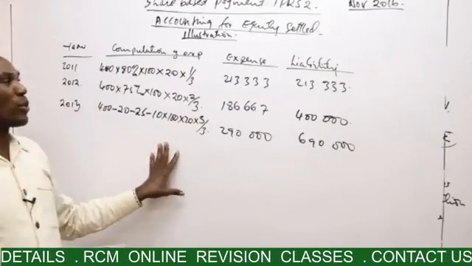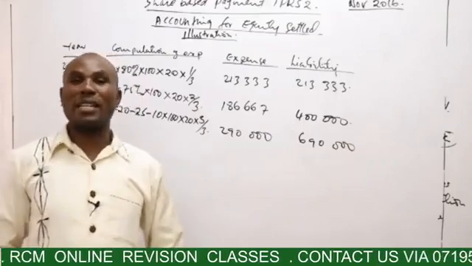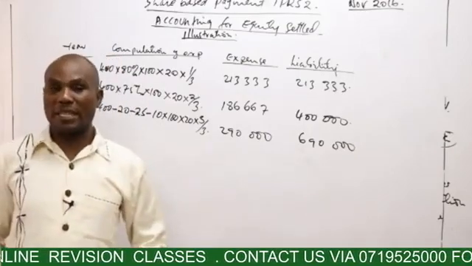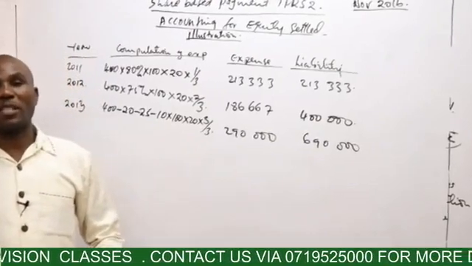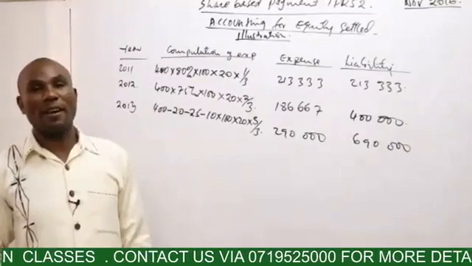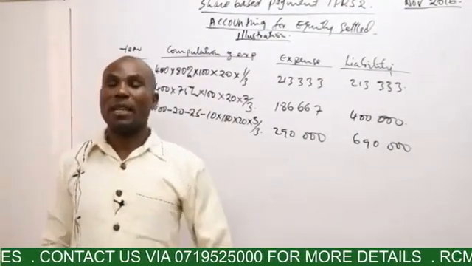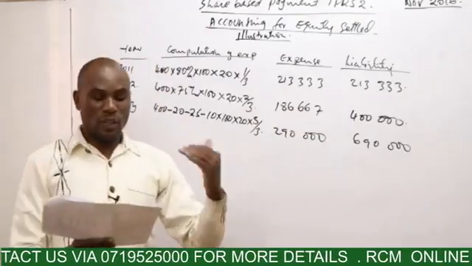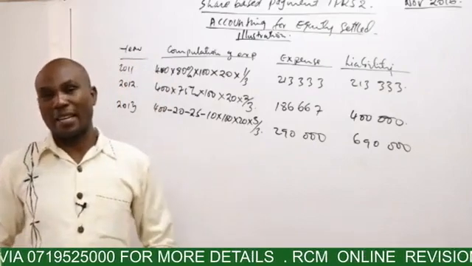But now we want to check on cash awards. Under cash awards, good friends, we measure the fair value at each reporting date. Now, how do we measure the fair value? For example, in year 2011, you are given the fair value as 610.